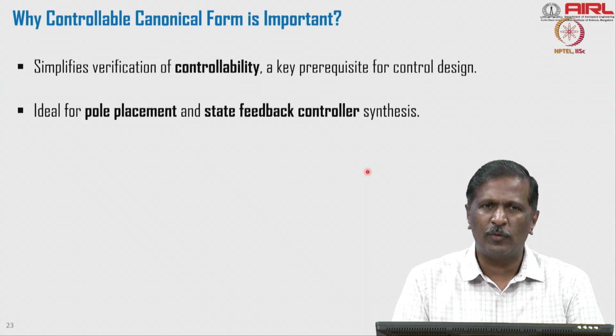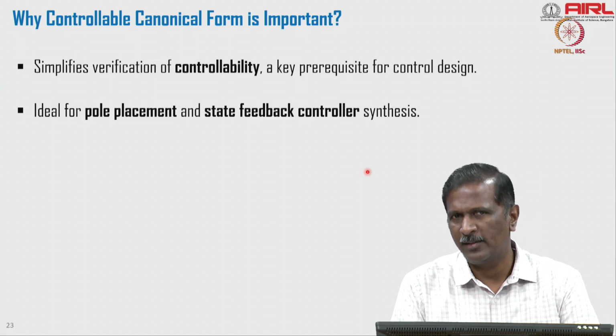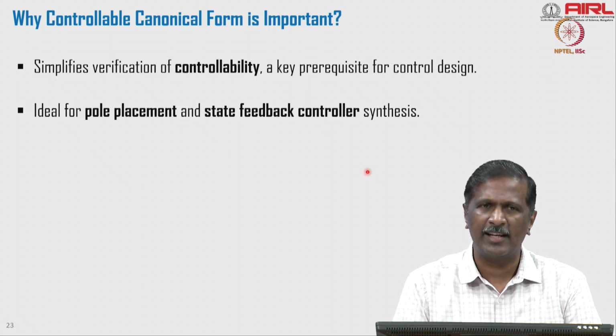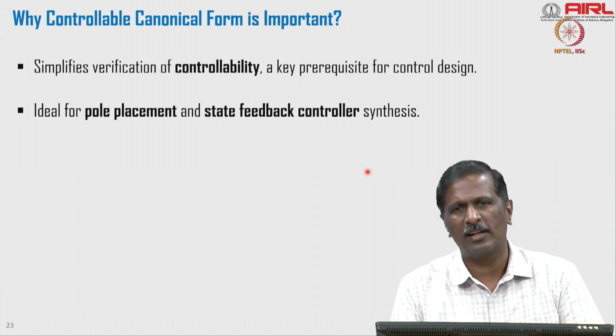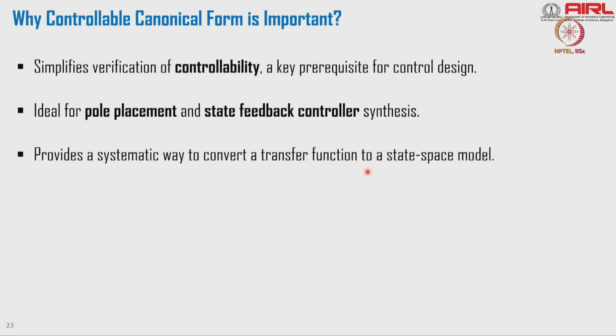So when you want to go for pole placement design or a full state feedback controller, right, the controllability test is important. In such cases, if you represent the system in a controllable canonical form, it makes your life easier. Okay. It also provides a systematic way to convert a transfer function to a state space model, right.